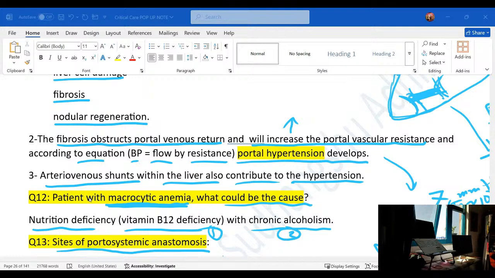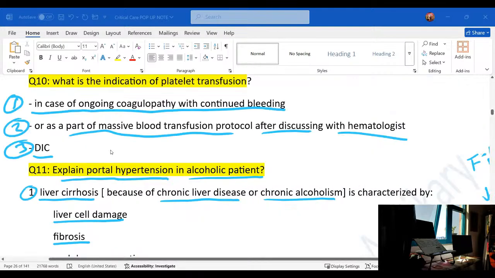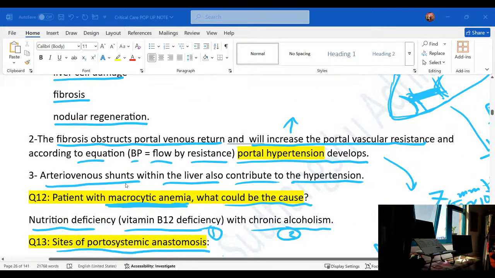With increased resistance, the portal pressure will rise, so it will cause portal hypertension. Also, if there is any arteriovenous shunt within the liver, it also contributes to portal hypertension.